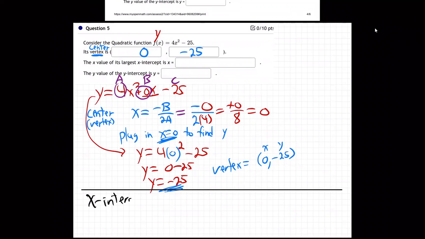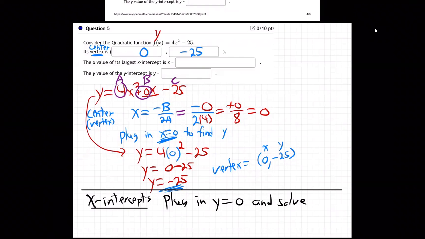Well, remember, it's been a while since we've done intercepts. To find intercepts, you always make the opposite letter 0. So to find an x-intercept, I'm going to plug in y equals 0 and solve. And then in a minute, to find a y-intercept, I'm going to plug in x equals 0 and solve. You always plug in the opposite letter is 0.